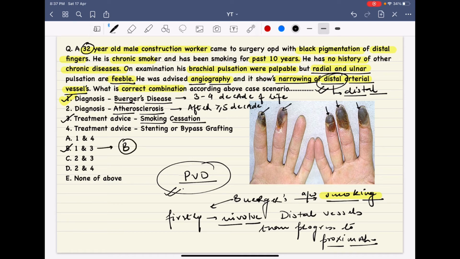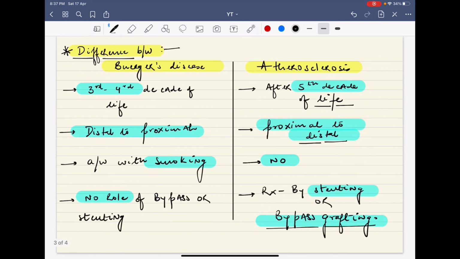So the ultimate aim of this question, I am sharing it because I want you to remember that there is a difference between Buerger's disease and atherosclerosis clinically also, and in the question you have to identify it. So what is the difference you have to remember? See here, Buerger's happens between the third to fourth decade of life, while atherosclerosis starts after the fifth decade of life.